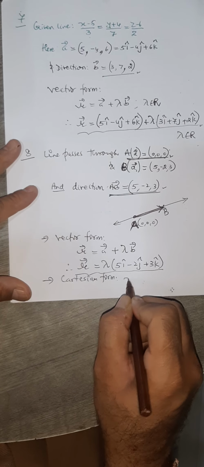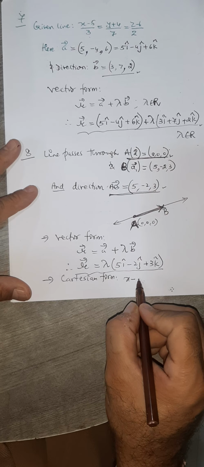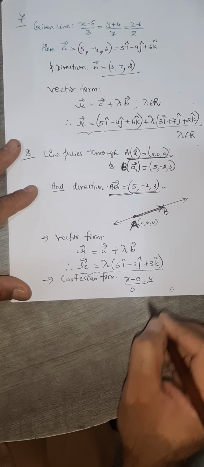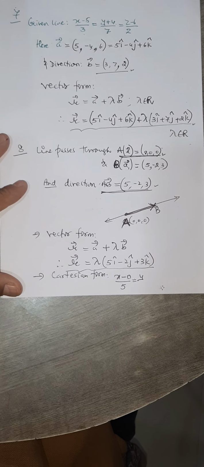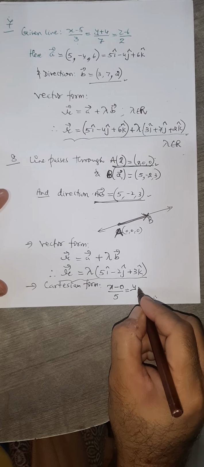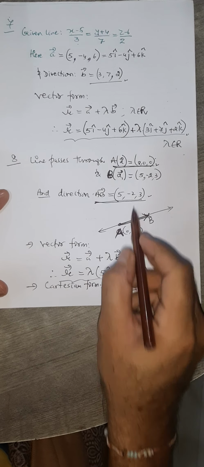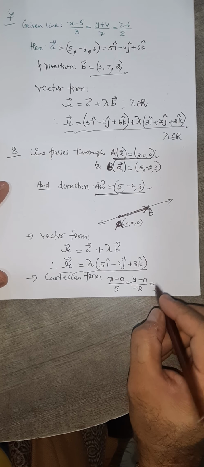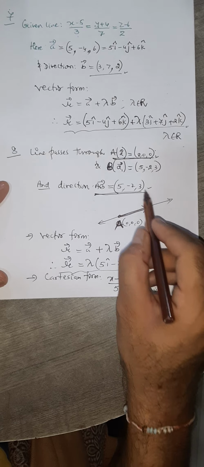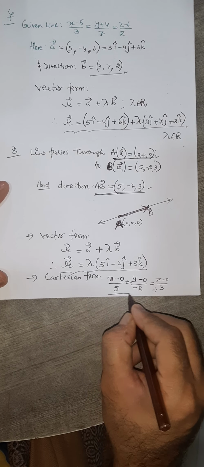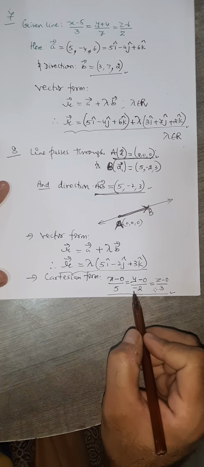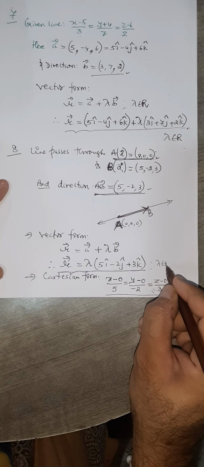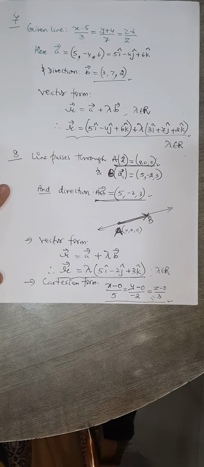What's the Cartesian form? x minus x1, which is 0, upon the direction component, which is 5. y minus 0 upon the second component, which is minus 2, and z minus 0 upon the third component, which is 3. This is nothing but which form? Cartesian form. And this represents the vector form, where lambda is a scalar, a real number. Okay.